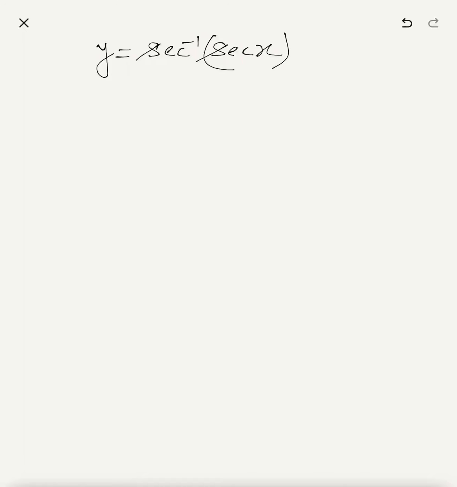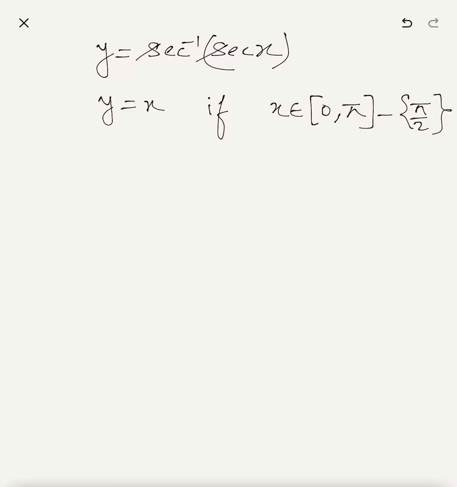Now y will be equal to x if your x belongs to the closed interval 0 to pi, excluding pi by 2. Again, you have seen this in lecture 2, according to range, according to domain. How can you remember?